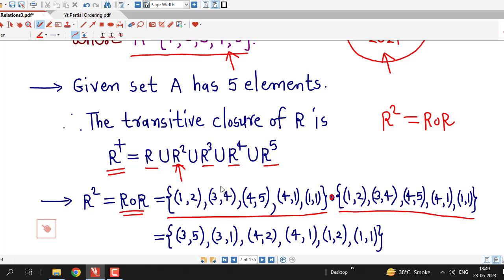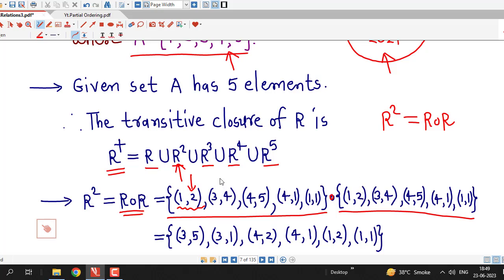Now we know how to find the composition of two relations. We start with ordered pairs of the first relation. First we concentrate on this ordered pair 1, 2, and here the second component is 2. So in this set we will search for the ordered pair whose first component is 2, and we can observe that there is no ordered pair here whose first component is 2.